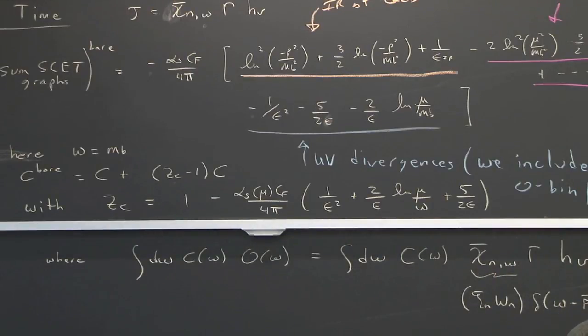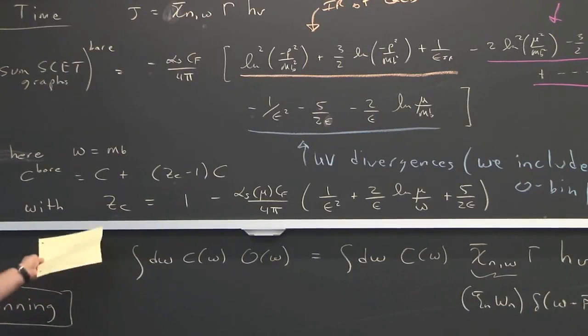So basically what I'm saying when I say omega is equal to m_b is that this delta function becomes delta of omega minus m_b. I'll come back to that. OK, so if we have a counterterm like that, then we can do running. So we'll come back to this example. Let me first make a few general comments, and then we'll come back and see where this Z leads us.